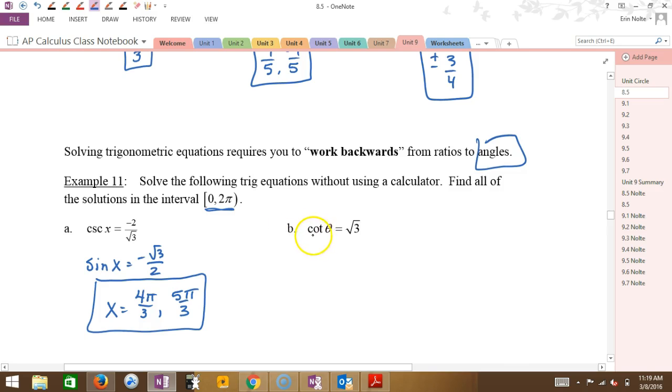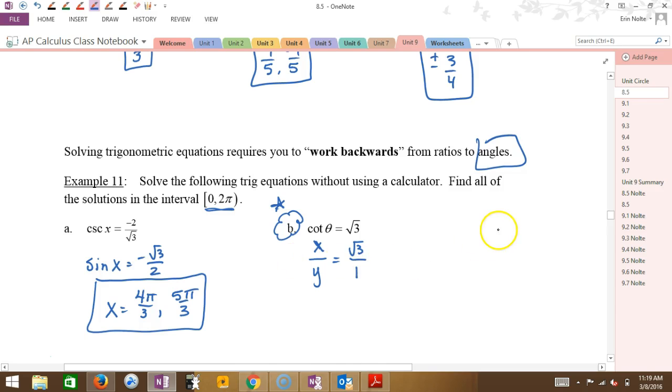Now this one is one of those cases where it's been reduced. This is a tangent and cotangent scenario, so this is one you want to pay close attention to. You remember that cotangent is x over y. So that means that this has been reduced and we have square root of 3 over 1.